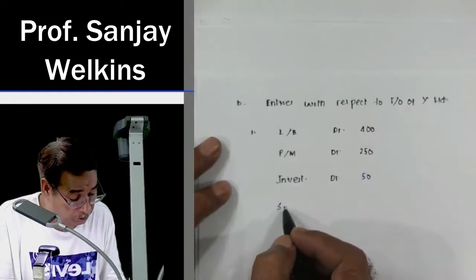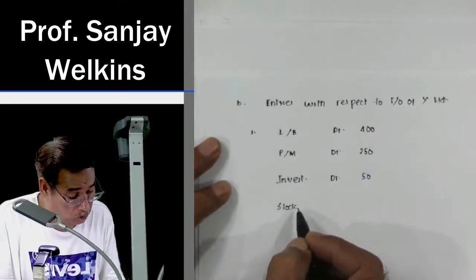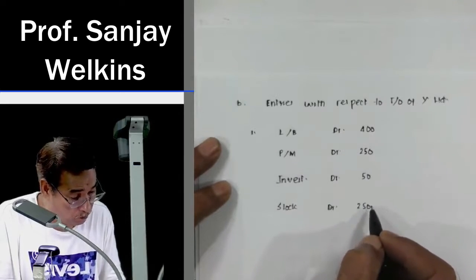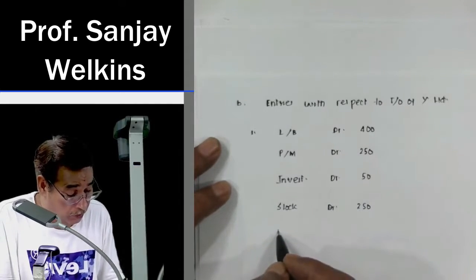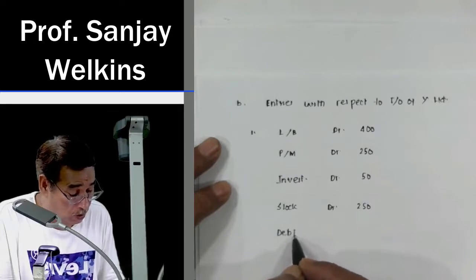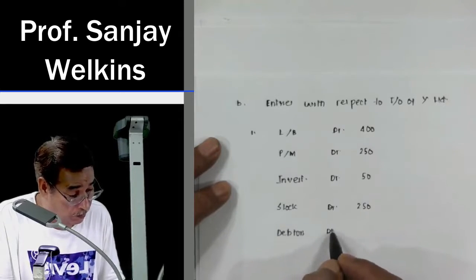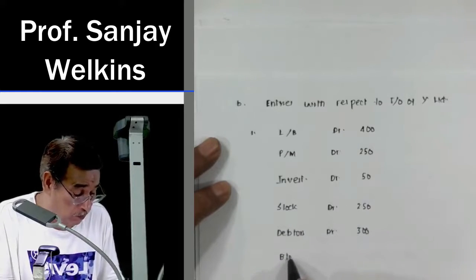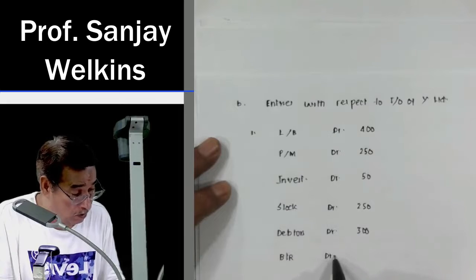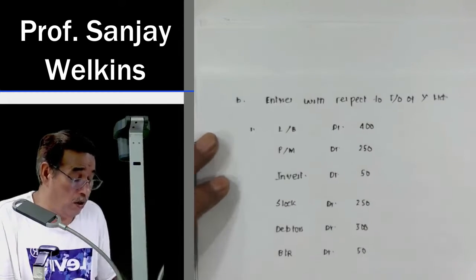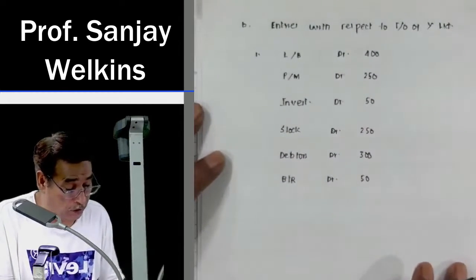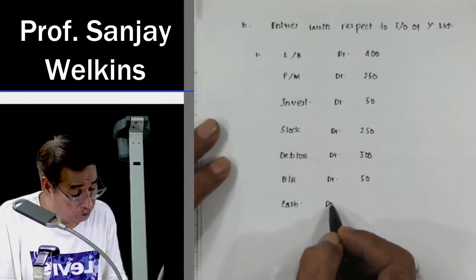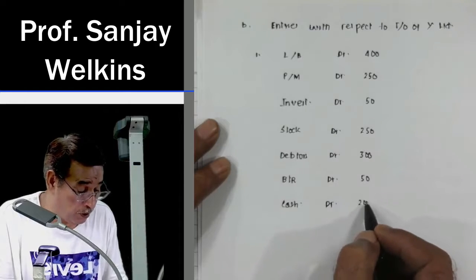Stock account debit, 250. Then there were debtors account debit, 300. Bills receivable, 50. And cash at bank, that is equal to 200.